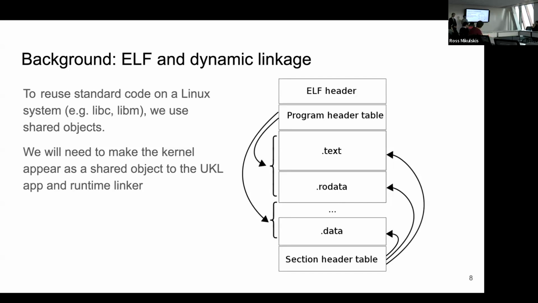So there is going to be some work that we're going to have to do to make the kernel appear to the application and to the dynamic linker as a shared object. There's another thing: with a lot of that shortcutting we talked about, we really care about these functions, these symbols that we need to be able to call. Shared libraries use this thing called the PLT, the procedure linkage table.